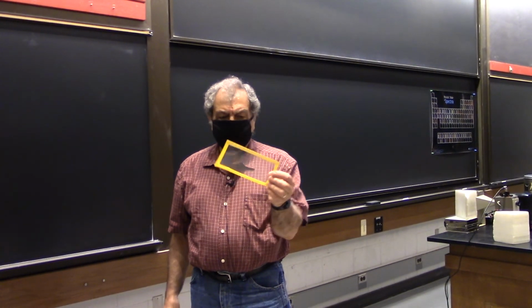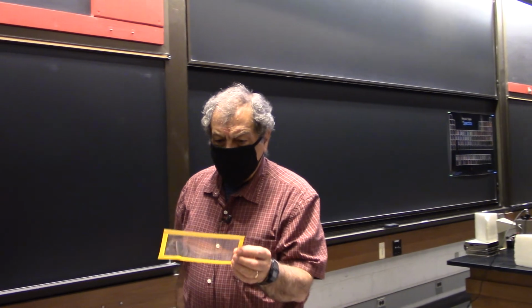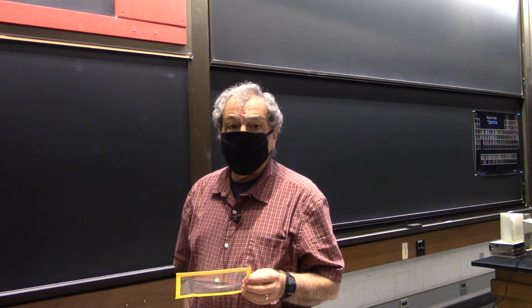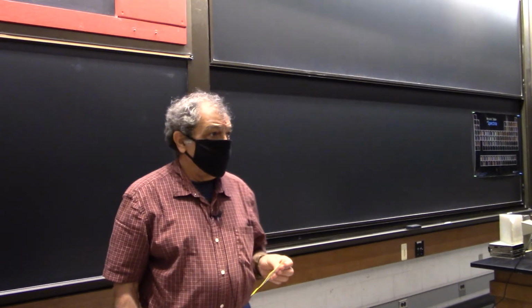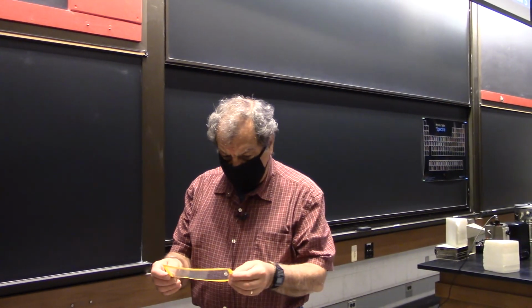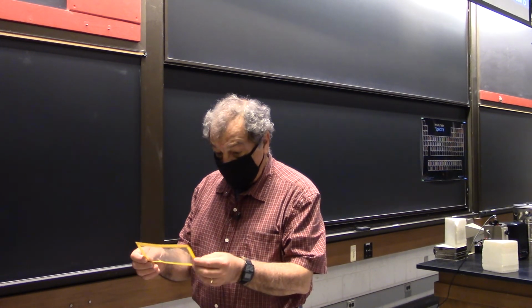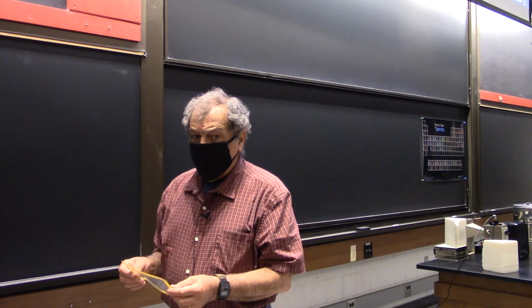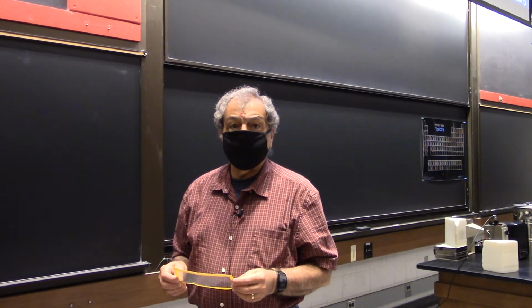This is a diffraction grating. We have talked about it before when we were talking about waves. One of the useful properties, or what the diffraction grating is used for, is to look at the spectral lines of the elements.